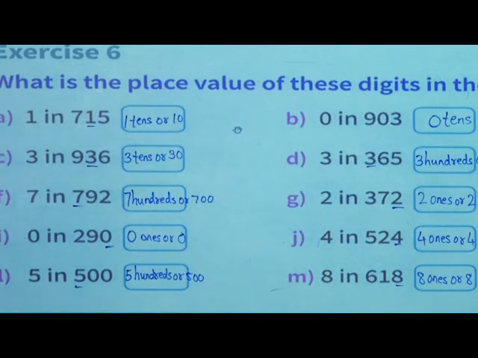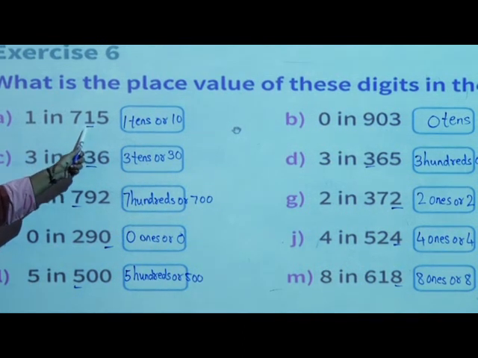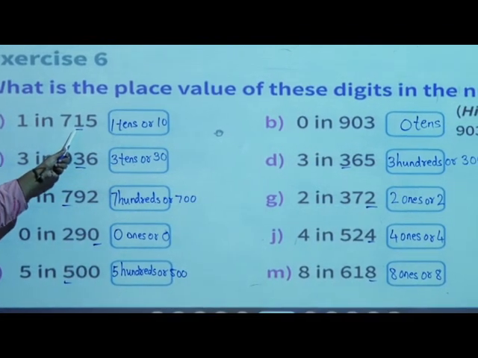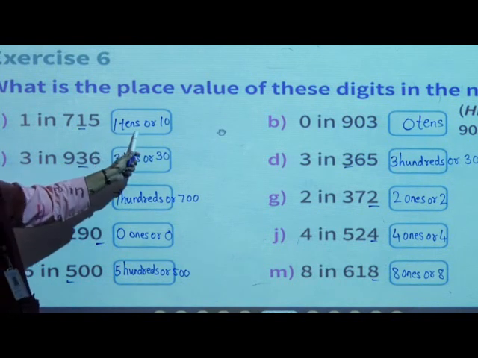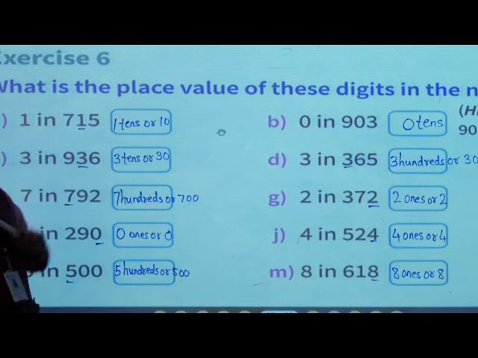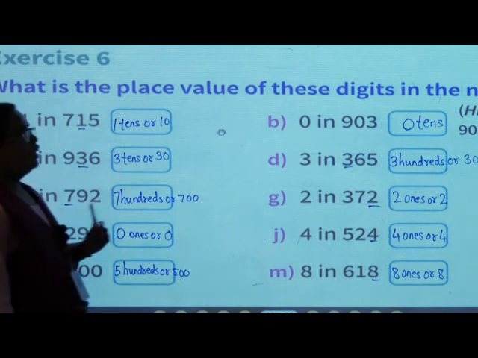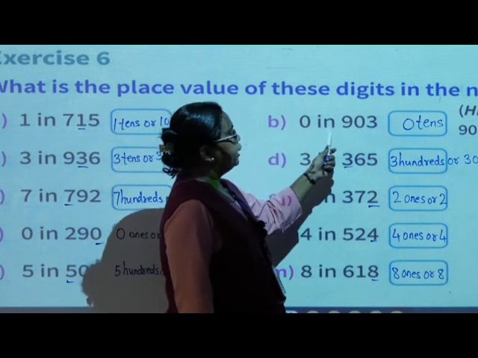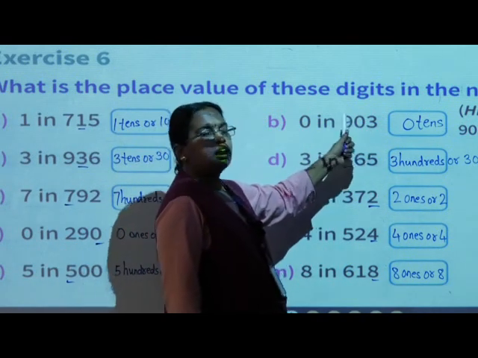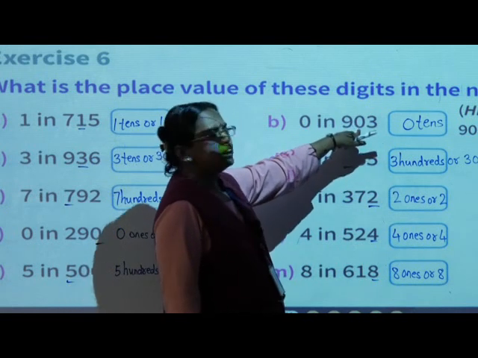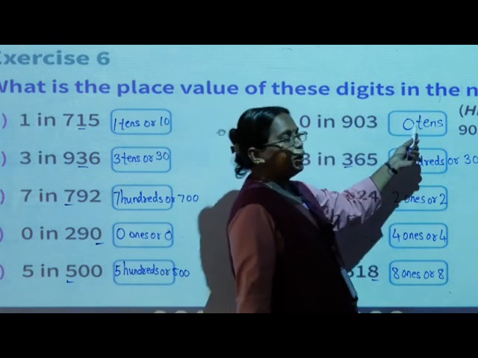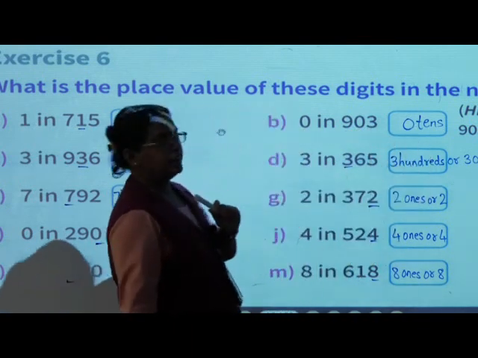Understood, children? Now see, repeat after me. 1 in 715: we want to write the place value of 1. So the place value of 1 is 1 tens or 10. Okay, now B1: 0 in 903 means 0 is in the tens place. Now 0 tens means nothing, so the place value will be 0 tens.